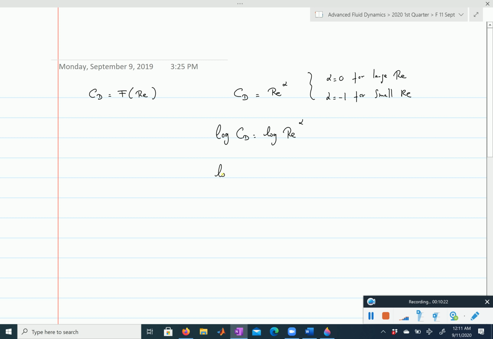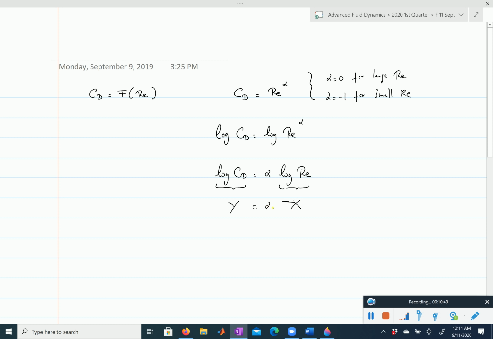So that for a power law, you have that the log of CD is equal to alpha times the log of the Reynolds number. And if you're plotting in log-log plots, that means that you're plotting the log of CD, so this is your y, as a function of the log of the Reynolds number, this is your x.